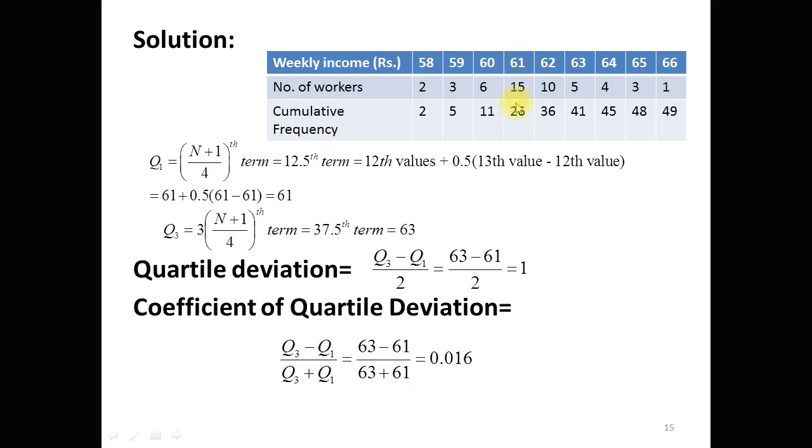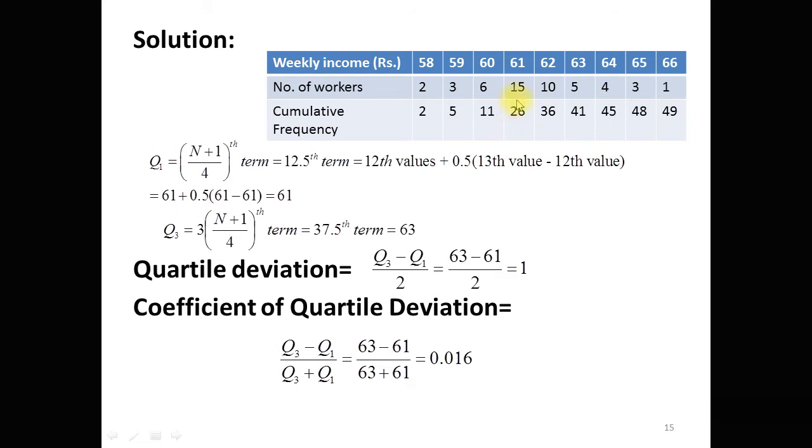So it means that at position number 12 we have 61, and at position number 13 we have again 61. So by using this expression, the 12th value is 61 plus 0.5 times (61 minus 61), since the 12.5 position lies in this range.